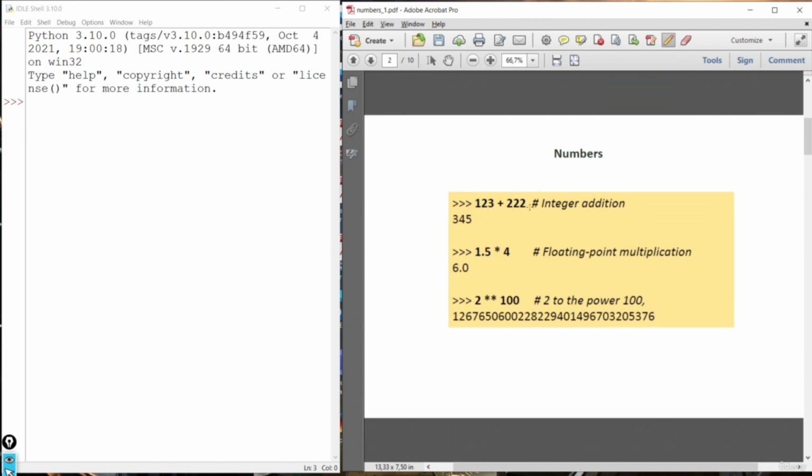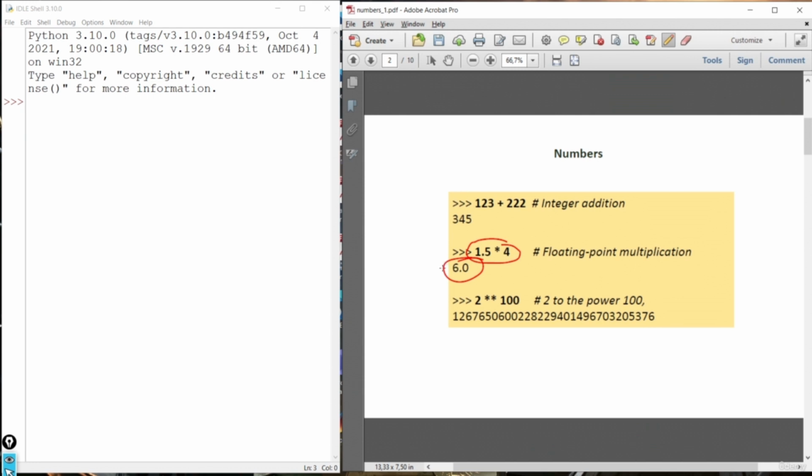Okay, we see here classical addition operation performed on integers, so we can sum the integers directly using Python. Here we have a floating point number. This can be considered as a fractional number. It is multiplied by an integer. The result here is nothing but a real number or fractional number or floating point number.